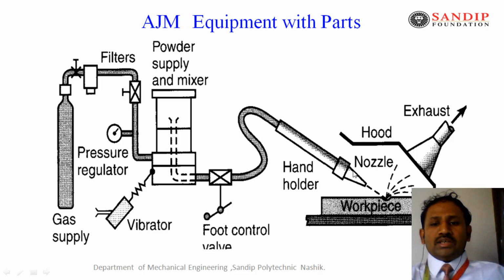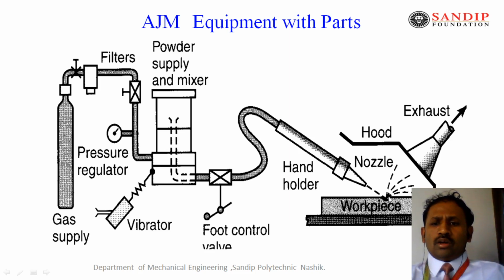That's why the nozzle should be tungsten, or it may be a sapphire nozzle. It's a special material to sustain all the effects on the nozzle. Now this high velocity jet of abrasive materials strikes the workpiece, erosion takes place, and thus the material is removed by means of these abrasive particles.